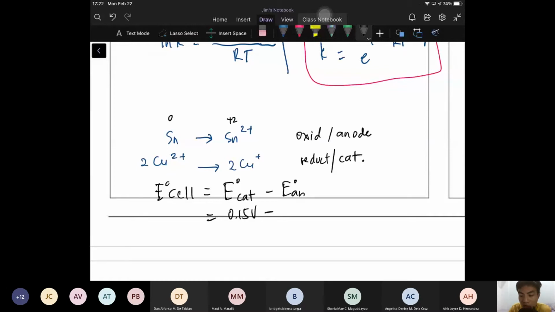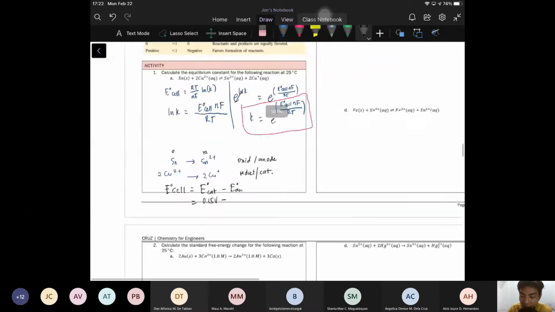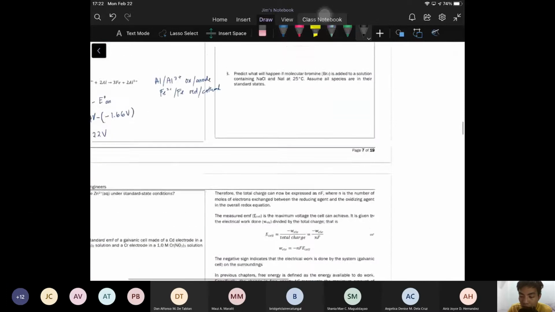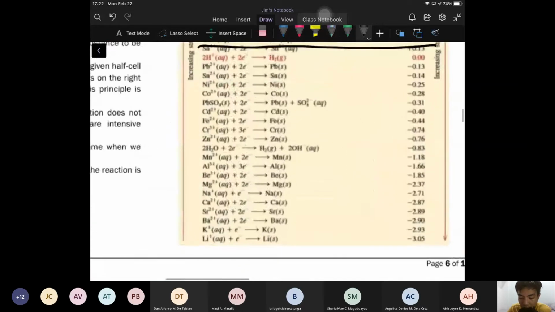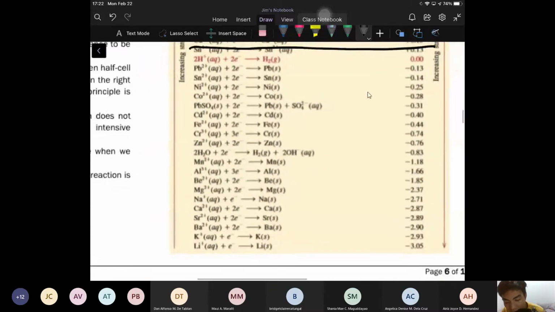Ang anode ay tin 2 plus, Sn2 plus. Hanapin natin. Eto. Yan, Sn2 plus. So, ano yung cell potential niya? Yan ay negative 0.14. Okay? So, negative 0.14 daw yan.